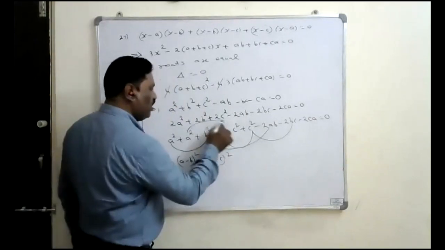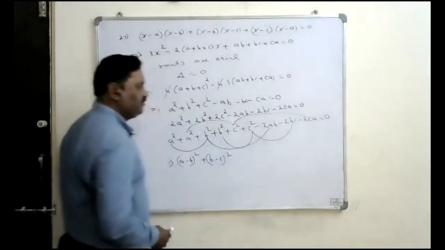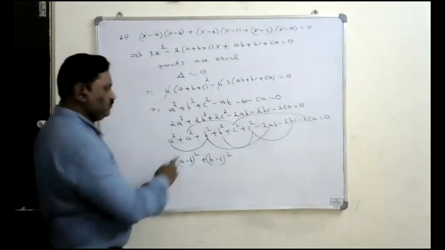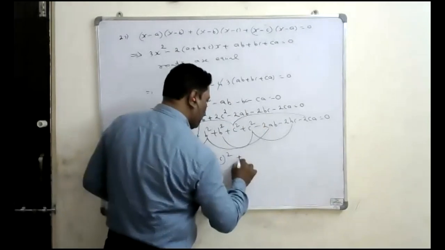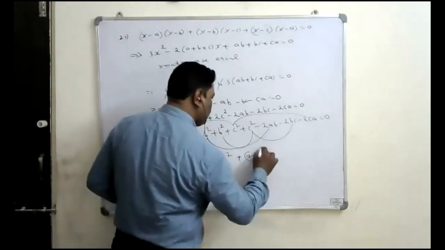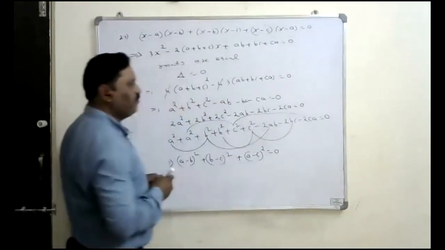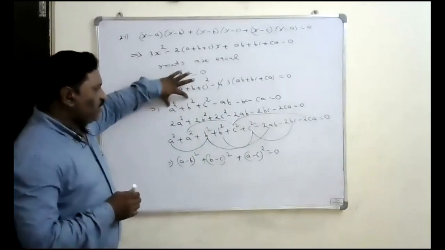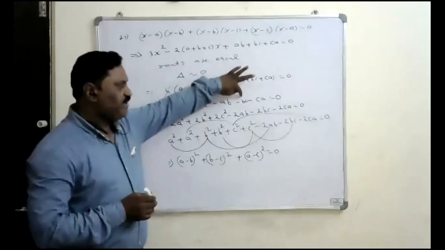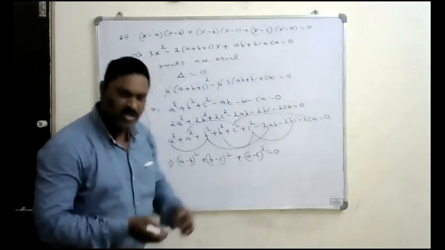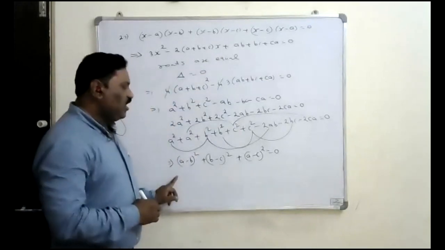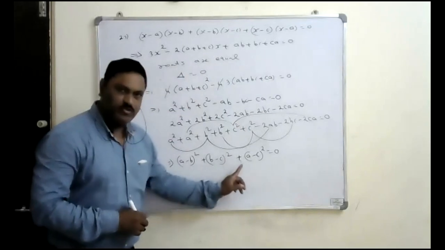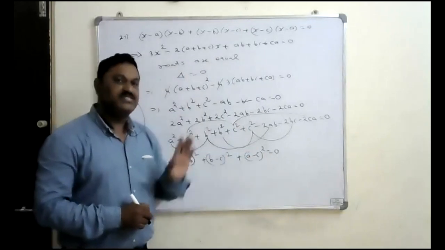Similarly, I will take A square plus C square minus 2AC: (A minus C) whole square is equal to 0. Okay, this is the point you have to remember. So whenever you find an identity in this format, A square plus B square plus C square minus AB minus BC minus CA is equal to 0, that is also equivalent to (A minus B) whole square plus (B minus C) whole square plus (C minus A) whole square is equal to 0.